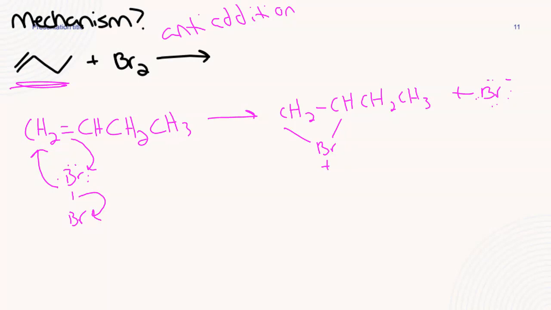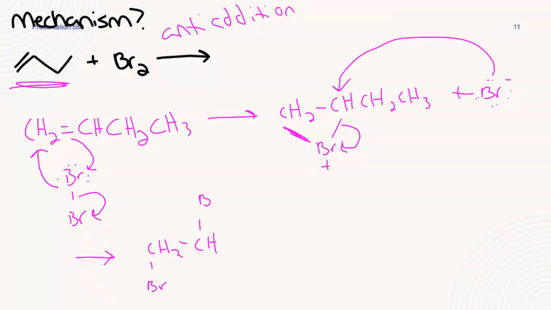So now it's going to come and attack one of these carbons, break the bond. So I'll end up with this bond still intact, which is there. I formed this bond up here.